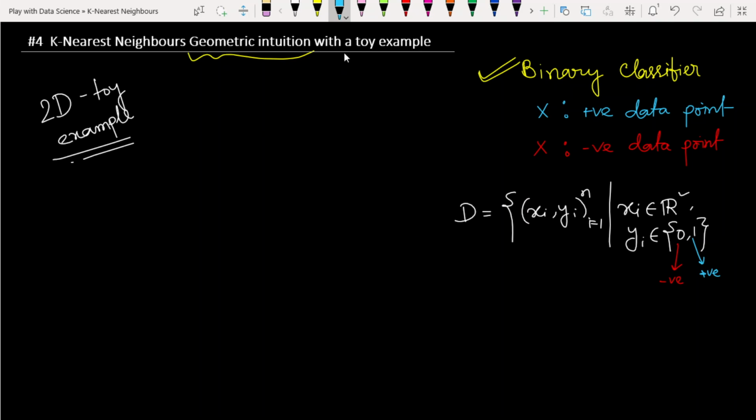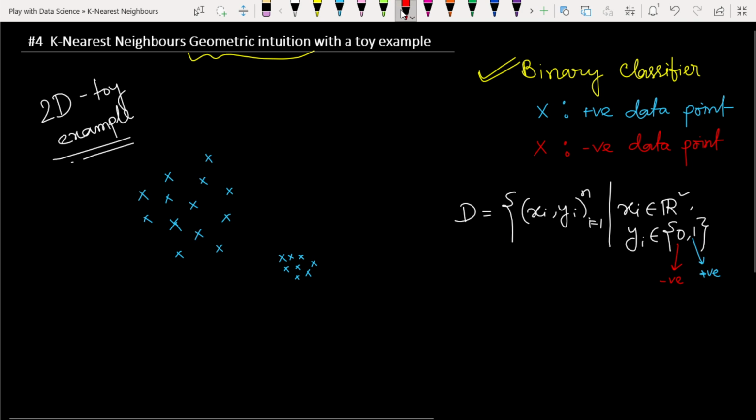Now let's take an example. Suppose our positive data points look like this, and there are some more positive data points here. Our negative data points look like this.